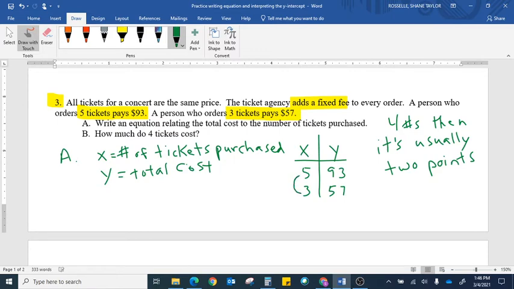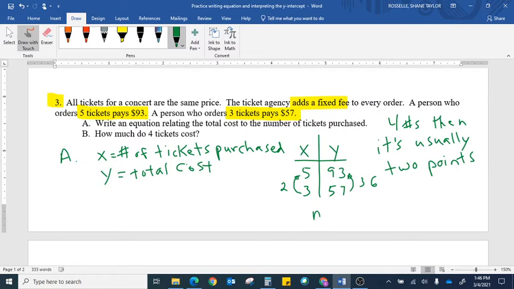What do I do to go from 3 to 5? Plus 2. What do I do to go from 57 to 93? We're looking at 36.